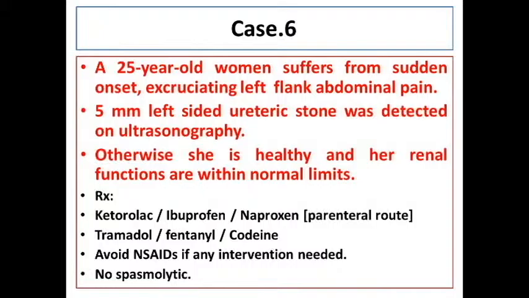This discussion is not about ureteric stones, but most of the ureteric stones do cause pain because they have spikes, and when they move through the ureter, they can cause a very severe pain. In fact, the classical way of describing this pain is how a fish moves, violent movements when you take it out of the water. Otherwise she is all healthy and her renal functions fortunately are within normal limits.